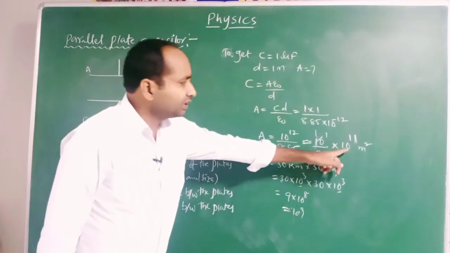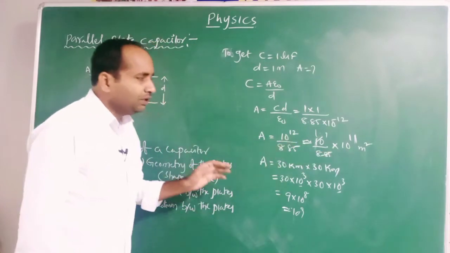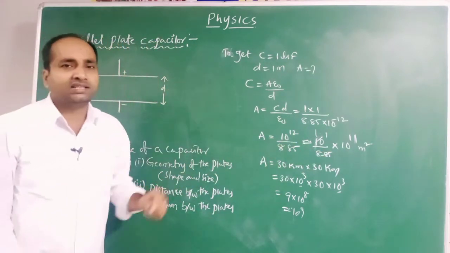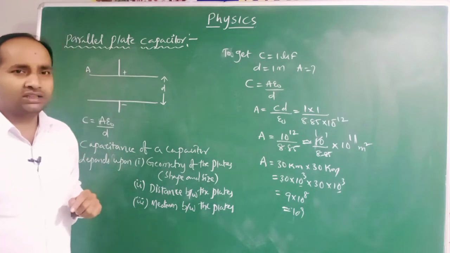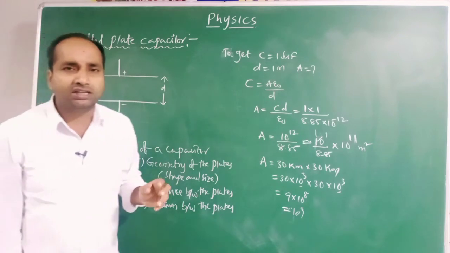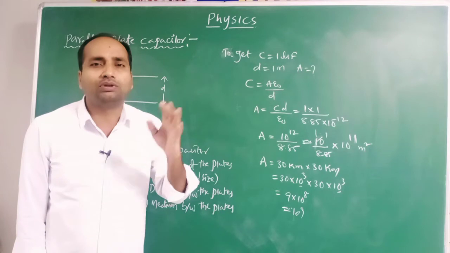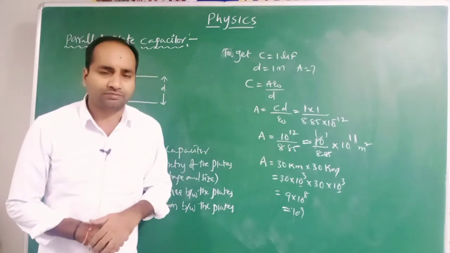But here we got 10 power 11 meter square. So to get a capacitance of 1 farad, the dimensions of the plates are nearly 30 kilometers of length and 30 kilometers of breadth.